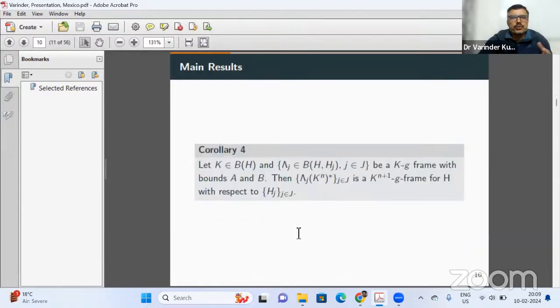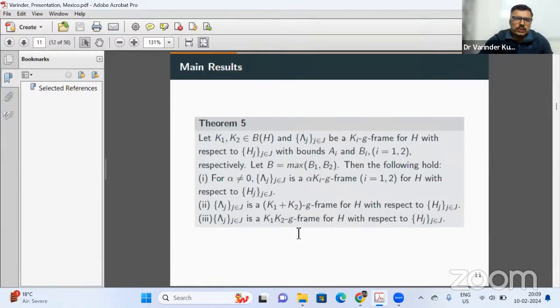The first two results are trivial, so I'll skip them and move to this one. In this theorem, we talk about the algebra of KG frames. Suppose we have a sequence of operators {lambda_j} which is both a K1 and a K2 G frame, that is, a KG frame with respect to two bounded operators.